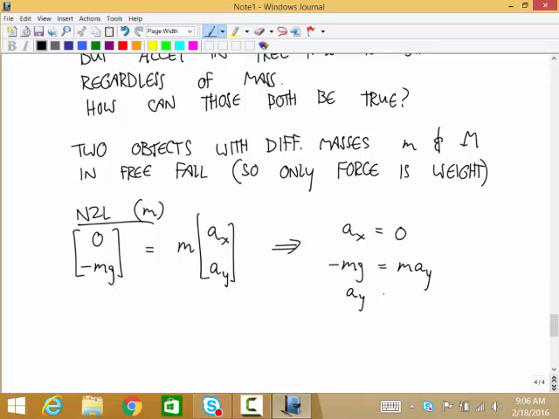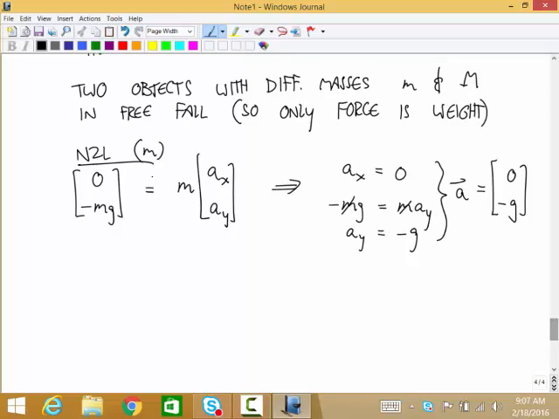So ay is equal to, those cancel, and you just get negative g. So the acceleration vector is (0, negative g). The key thing there is the acceleration didn't depend on the mass, because the m that the weight depended on canceled with the m in F equals ma.